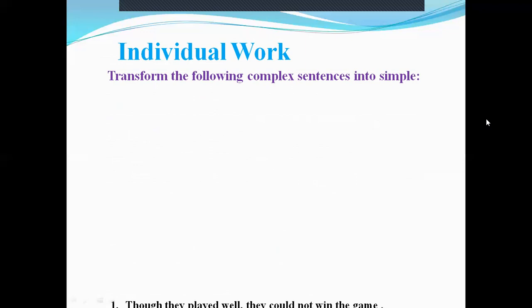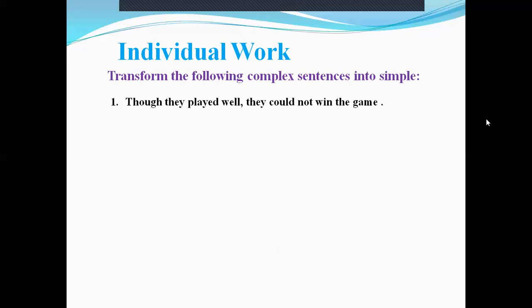Dear students, that's all for complex to simple. Now individual work. I will give you 5 sentences to make from complex to simple. Number 1, though they played well, they could not win the game. Number 2, when it was raining, he woke up.